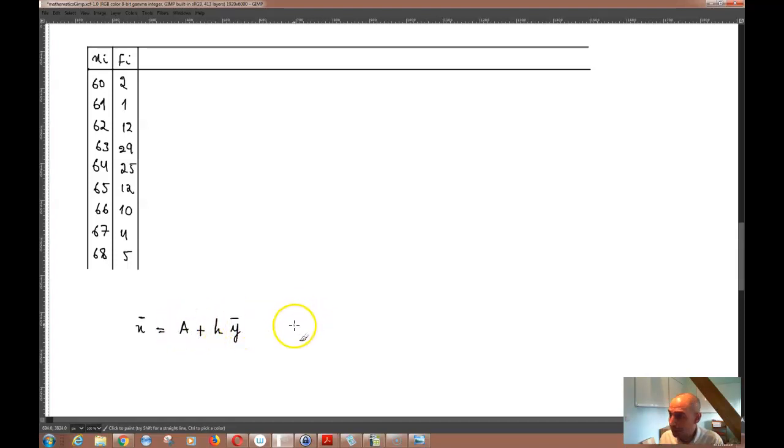And y bar is equal to, so in order to calculate y bar, you need to have y of i, right? So we defined y of i to be x of i minus a divided by h. So that was y of i.